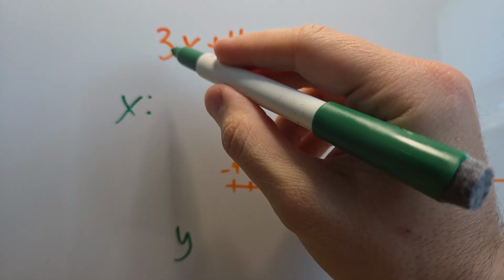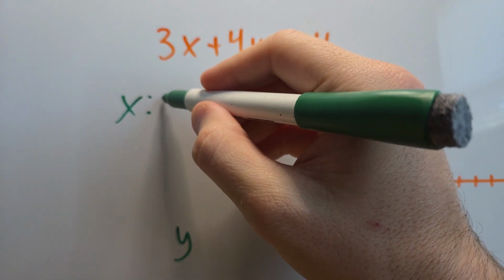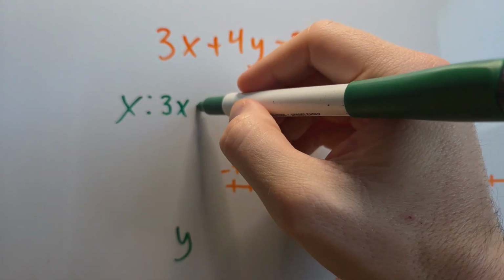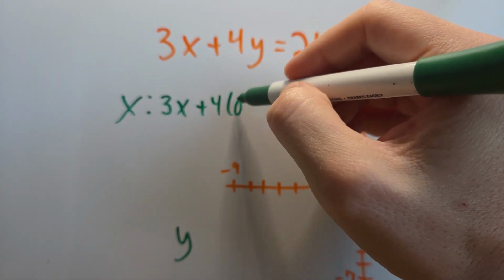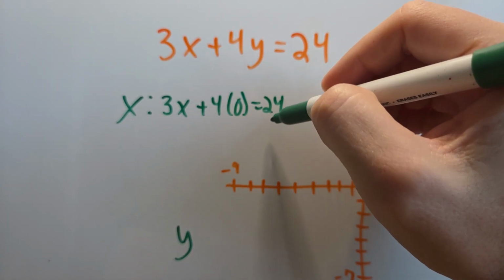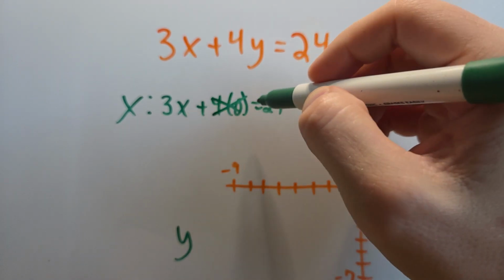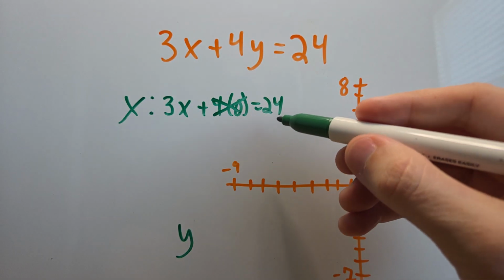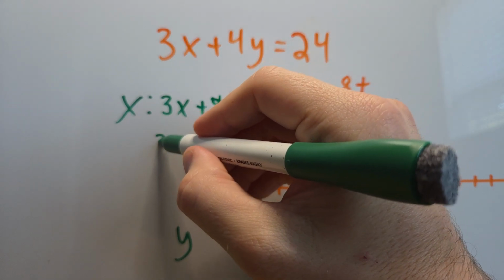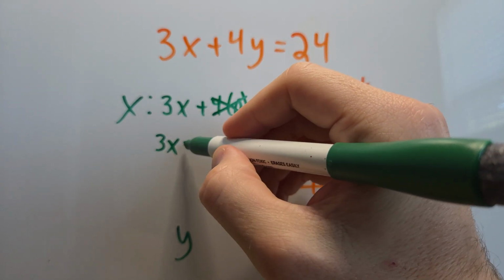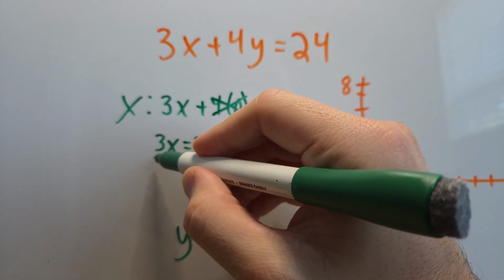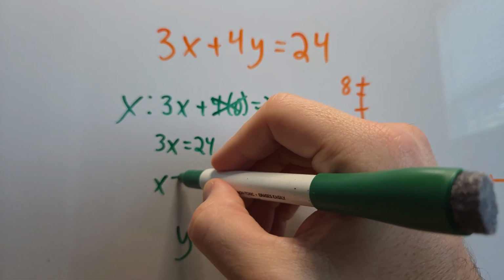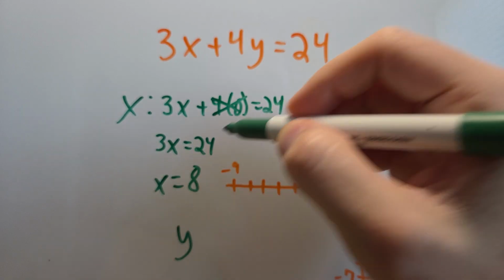So for the x-intercept, we're going to plug 0 in for y. And remember, that term zeroes out, so this is gone. At this point, all we have left is a linear equation where we solve for x. Dividing by 3, this gives me x equal to 8.